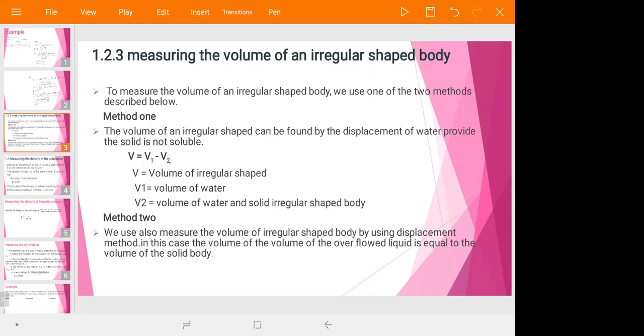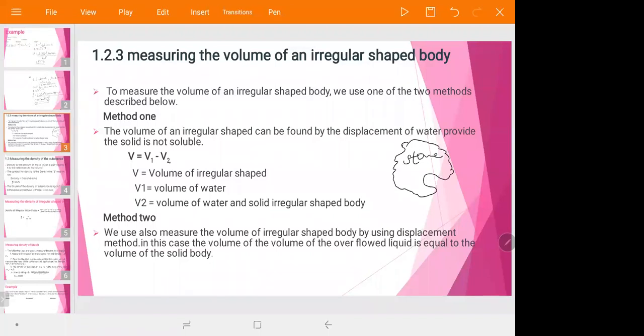proceed to another subtopic, measuring volume of an irregular shaped body. Do you remember how we can find, in our previous time, the volume of an irregular shaped body, especially a solid body? For example, take this one as a stone or some solid.